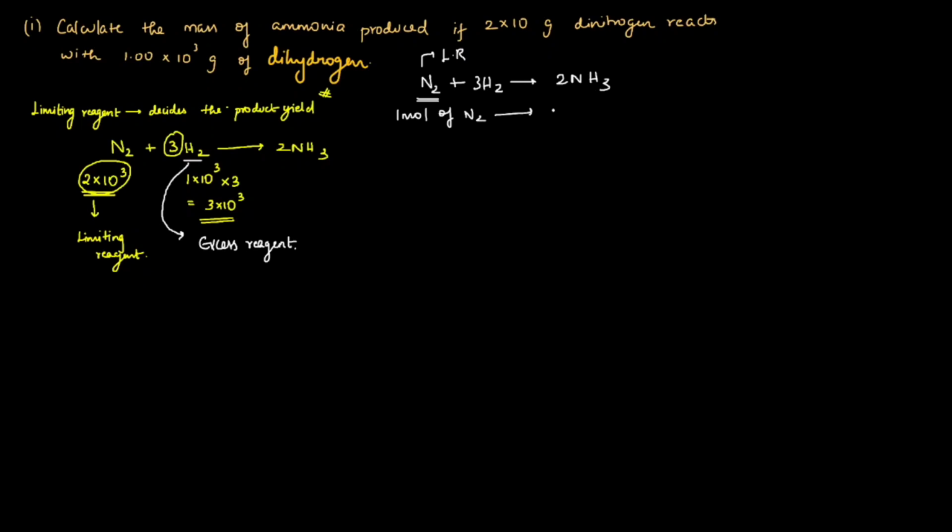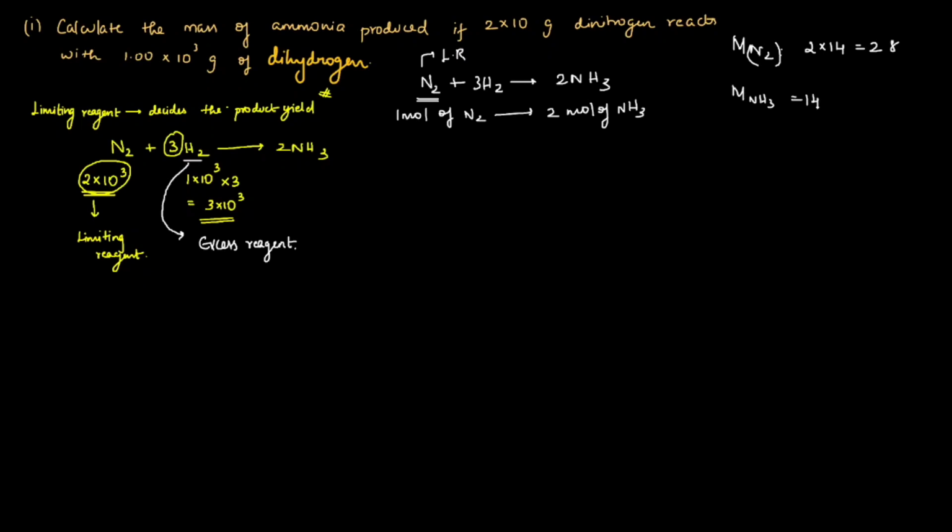So 1 mole of nitrogen gives 2 moles of ammonia. What is 1 mole of nitrogen? It is 14 grams per mole. 1 mole of anything is the molar mass of that substance. So the molar mass of nitrogen N2 is 2 into 14, which is equal to 28 grams.